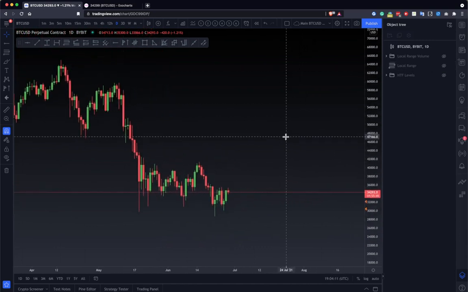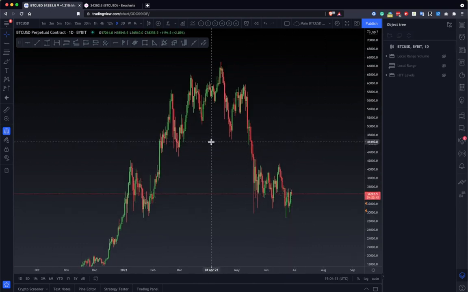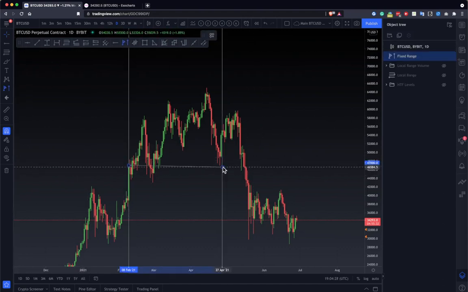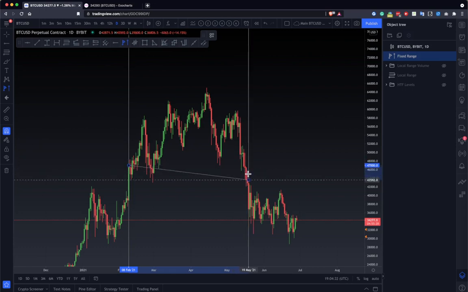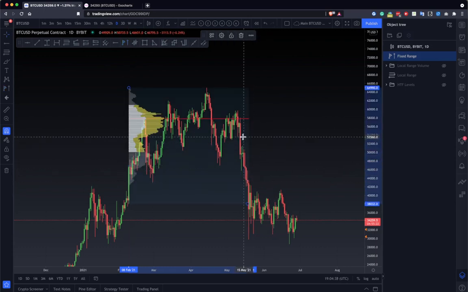Yeah, let's get our mid time frame volume. Actually, I like to get this higher range volume separately, from here to before the breakdown, which I believe was here. Yeah.